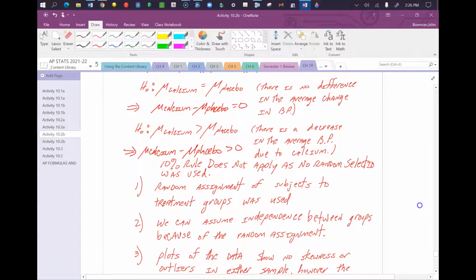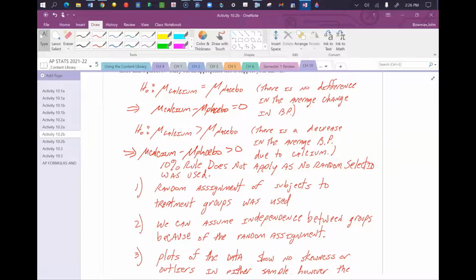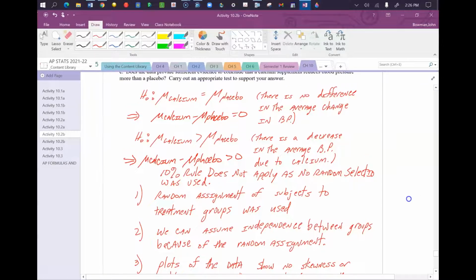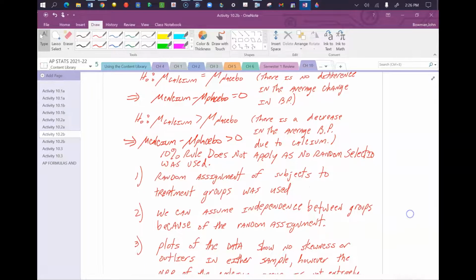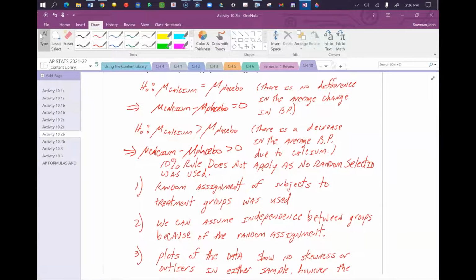So the null hypothesis is that there is no difference in the average change in blood pressure between the calcium and the placebo treatments, and the alternative is that the mean decrease for calcium treatments is greater than that for the placebo treatments. And remember, that refers to all subjects that might eventually take these treatments.